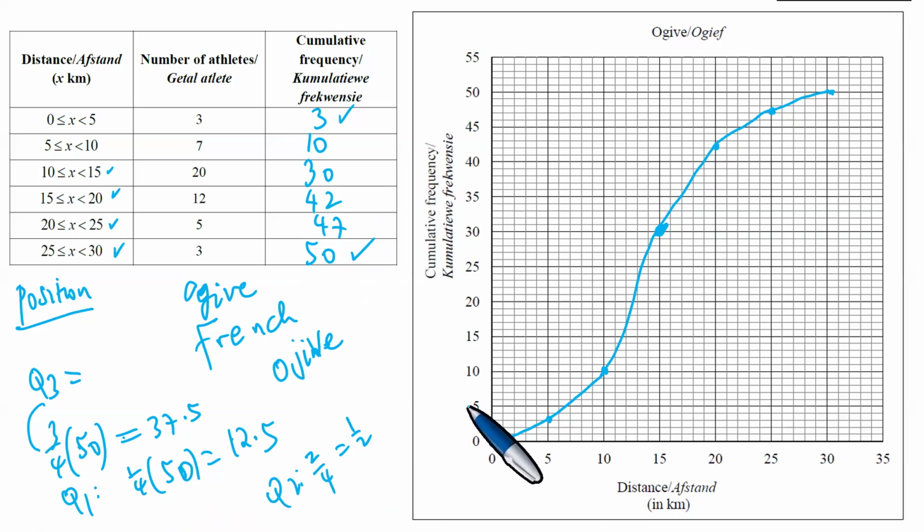Now you measure the 12.5: you have 10, 15, then how many steps? 1, 2, 3, 4, 5. So this is 10, 11, 12.5. It's just in the middle there.